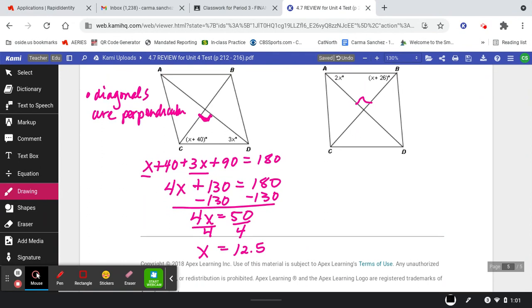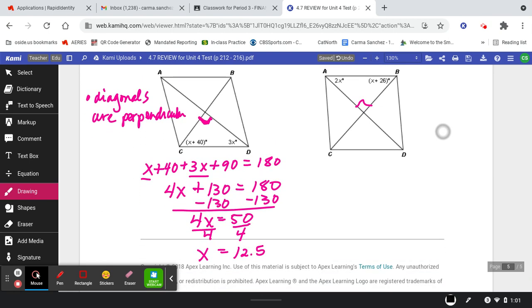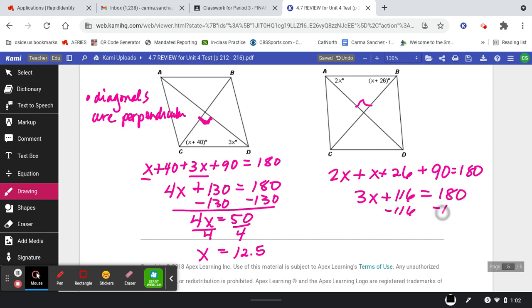Okay, same thing over here. It's asking for x. So now we can set up the equation because we know that that inside angle is 90. So grab a calculator. You're going to add 26 to 90. And then subtract 116 from both sides. And then finally divide by 3.